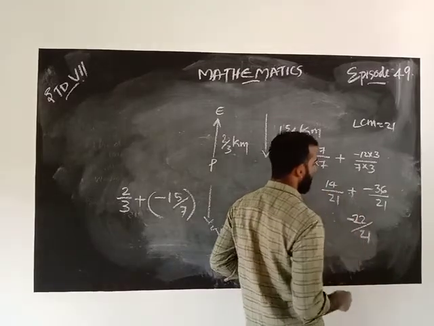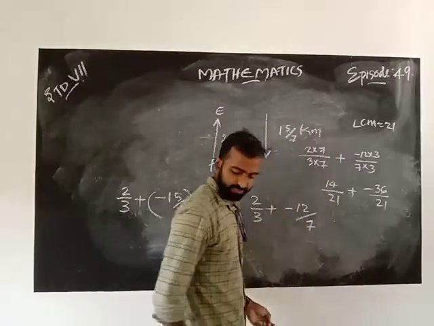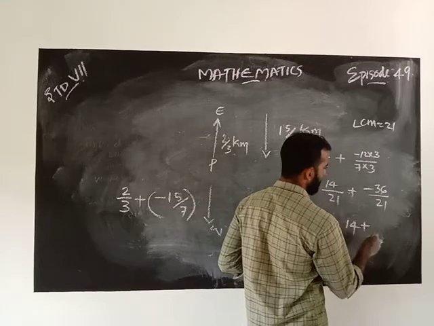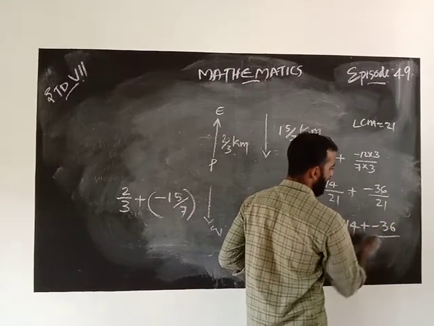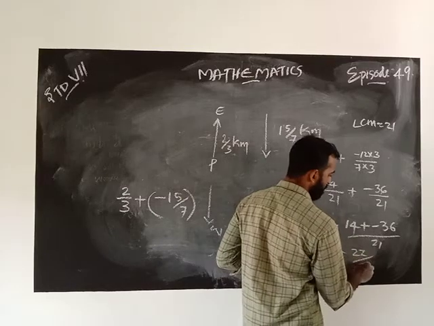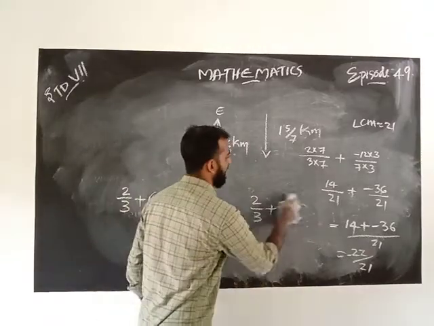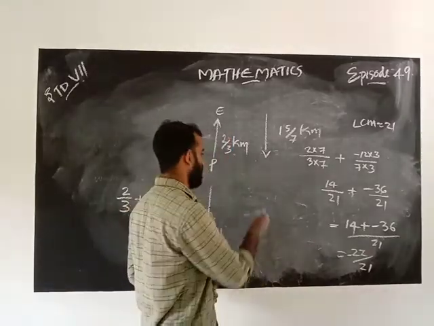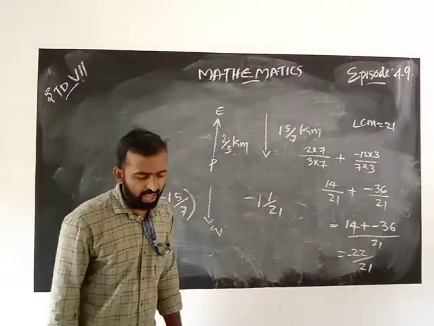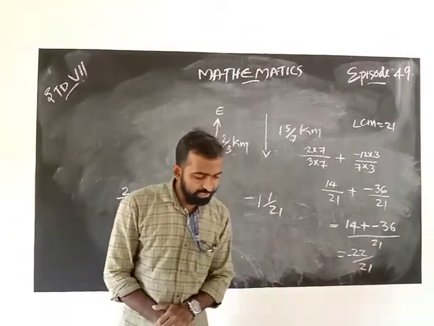When we add 14 and negative 36 divided by 21, the answer is negative 22 by 21. That is negative of 1 and 1 by 21.